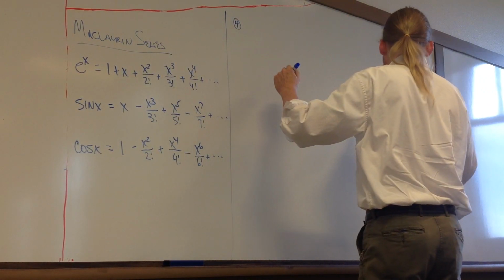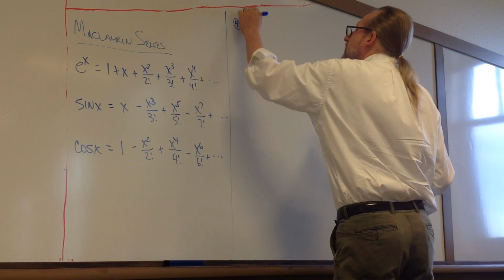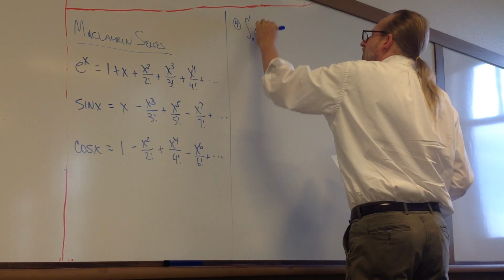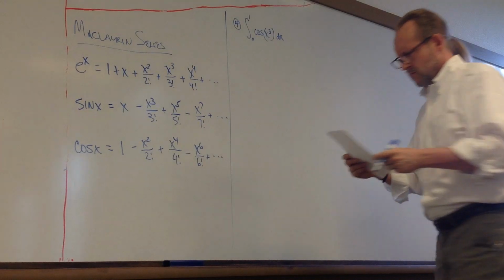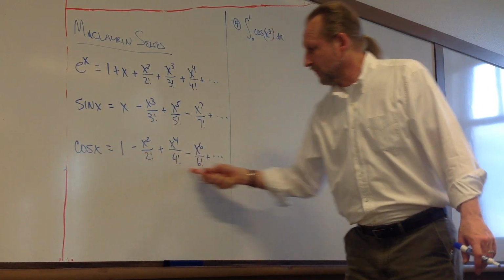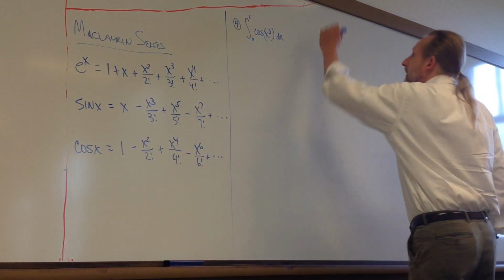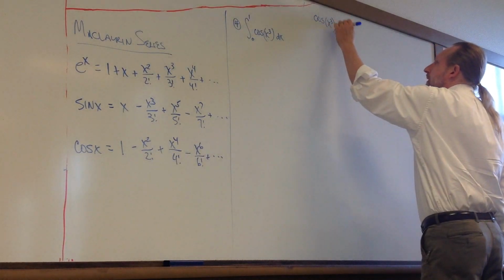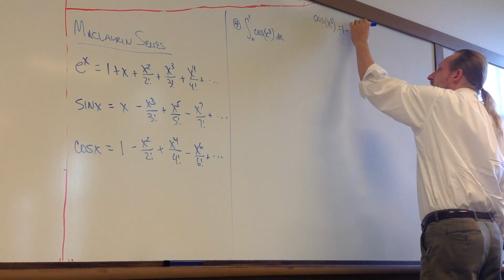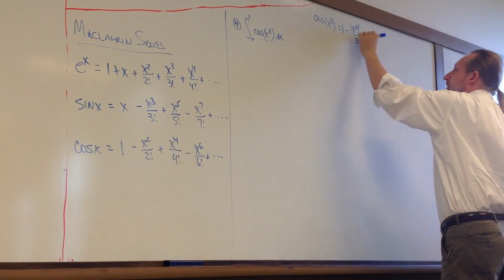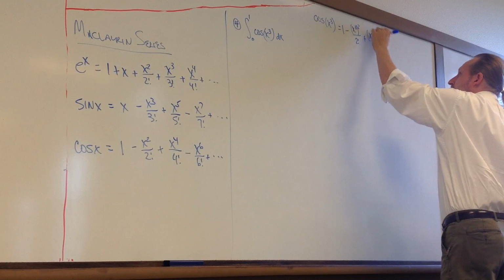So problem 4, we want the integral from 0 to 1 of cosine x cubed. If this is cosine x, then cosine of x cubed is going to be the same series, but with an x cubed plugged in for all the x's.